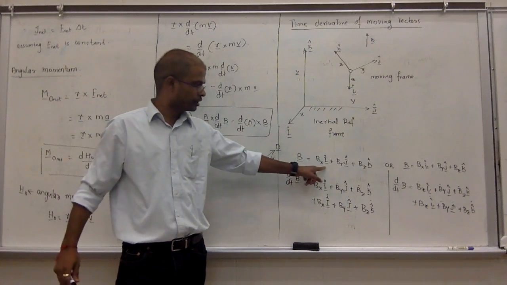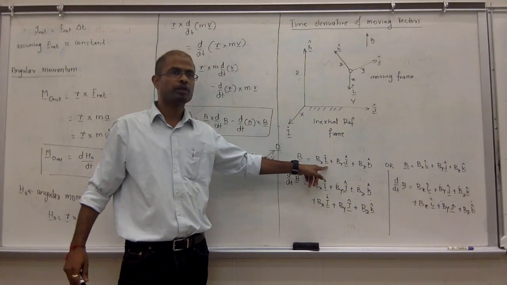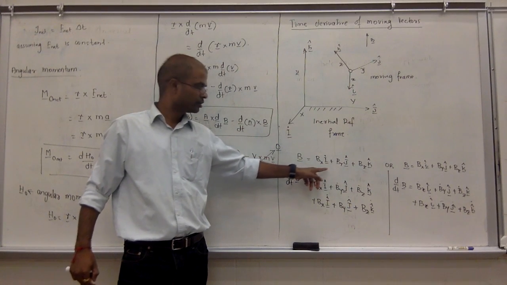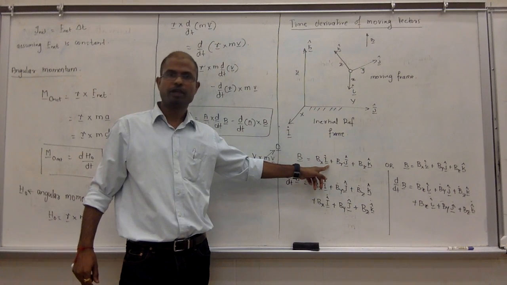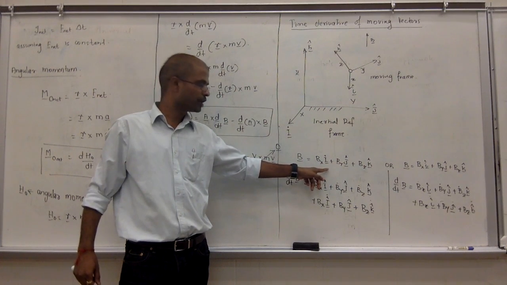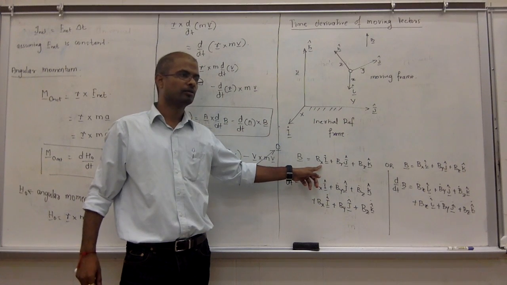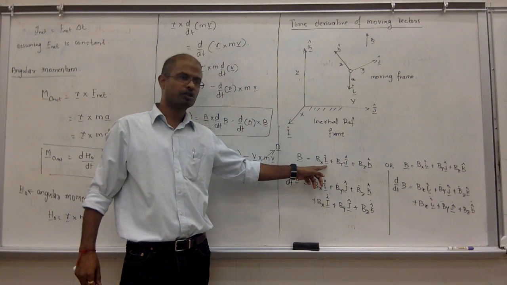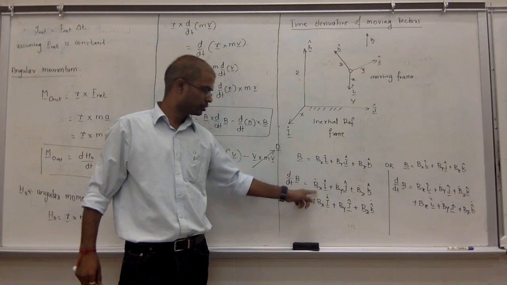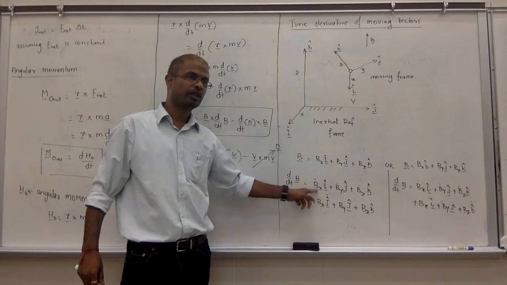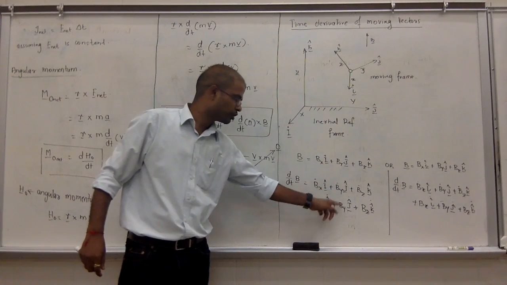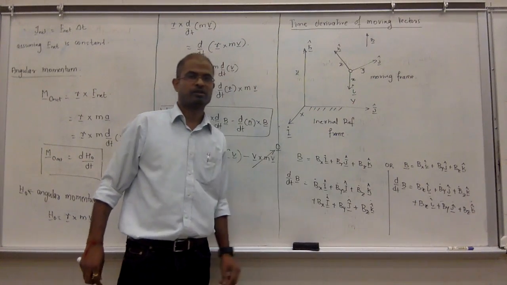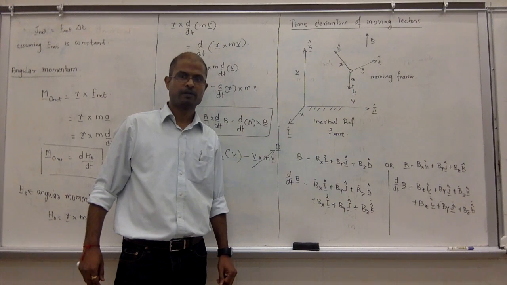If I take the derivative of just this component alone, it would be the change in the component itself and the change in I. This is a basis vector, and this is just a component, a scalar. So the component could be changing and this basis vector could be changing. These two capture the complete mathematical derivative of this. You get it?